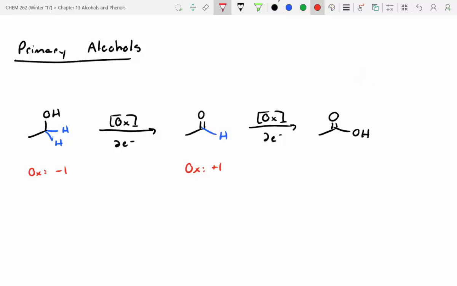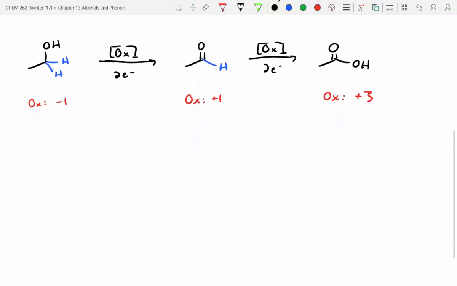So you go from an oxidation number of +1 to now +3. You can see in each one of these steps, you're removing one of those blue protons. So with primary alcohols, you've got a little bit more flexibility. Depending on the reagent you choose, you can stop at the aldehyde, or you can go all the way to the carboxylic acid. Let's take a look at secondary alcohols.